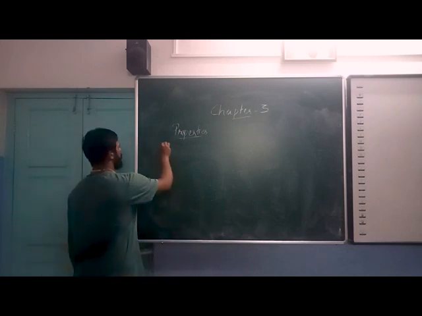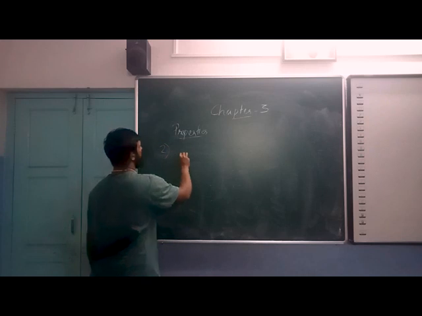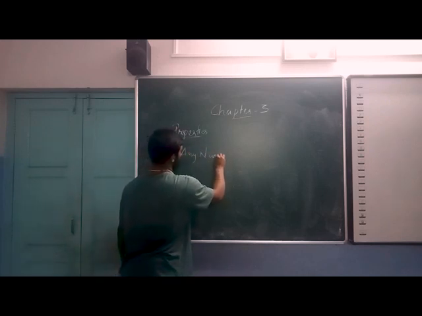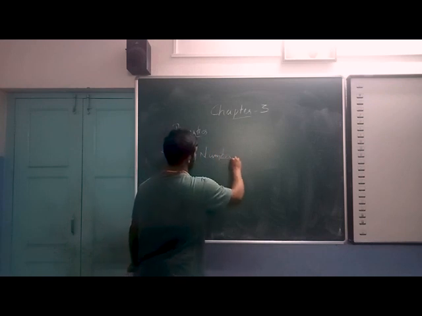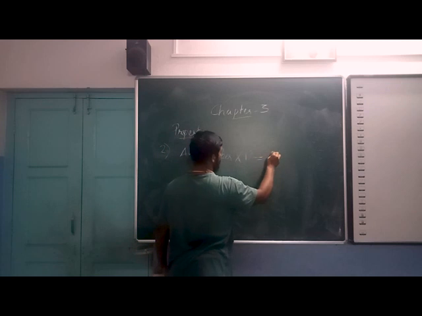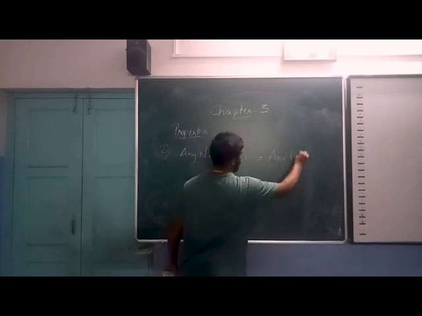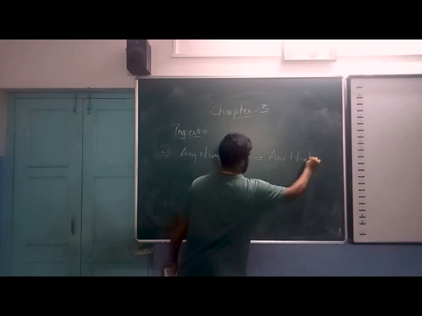Now the second property. The second property is that if you multiply any number into 1 or with 1, the answer will be the same as the number that you are using.